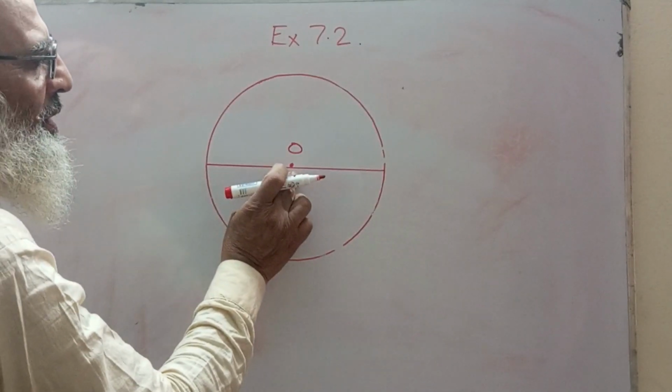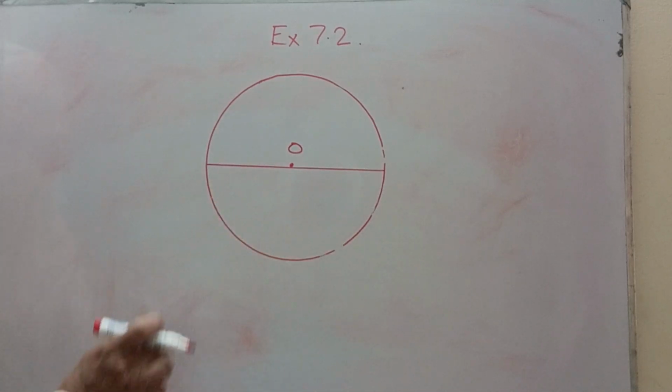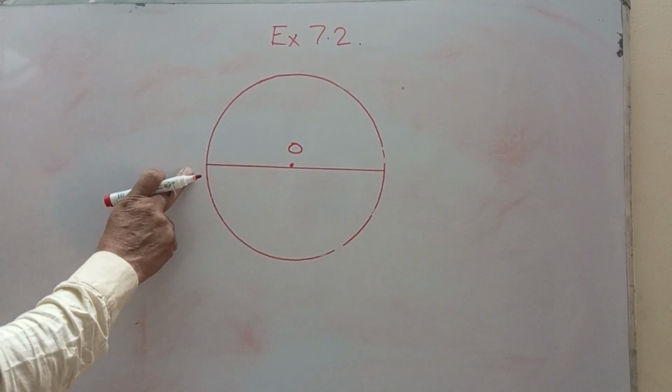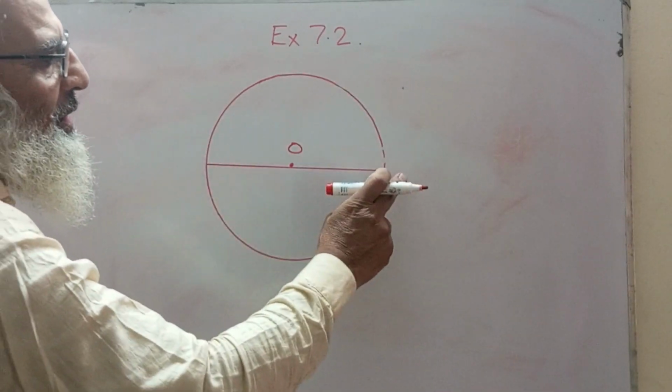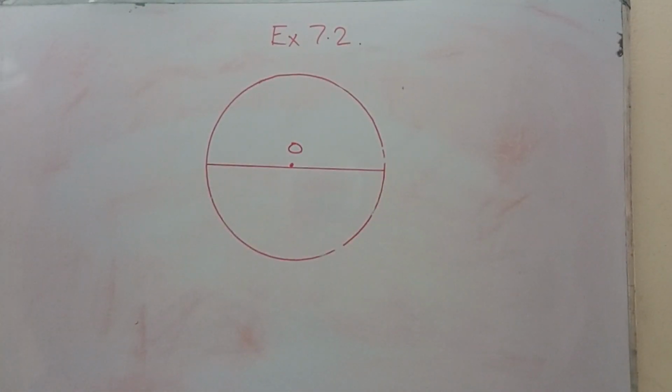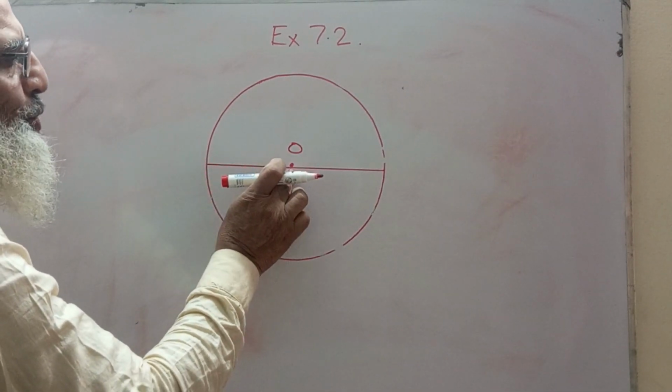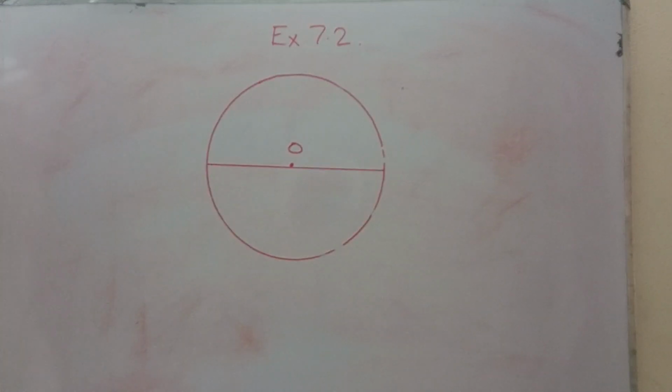It goes through the center, from one point of the circumference to the other point on the circumference. It is mandatory that it passes through the center point O.